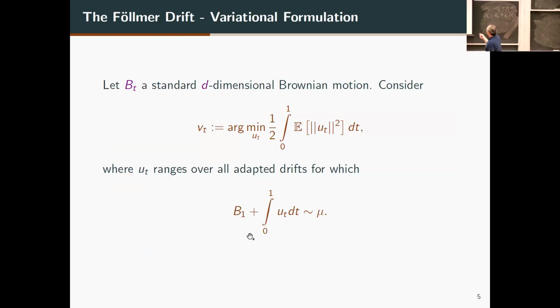And in some sense, this is an adapted optimal transport problem. Without requiring the drift to be adapted, we are looking for all shifts, could be anticipative, which couple the Brownian motion to some other process which has a predetermined law at time one.